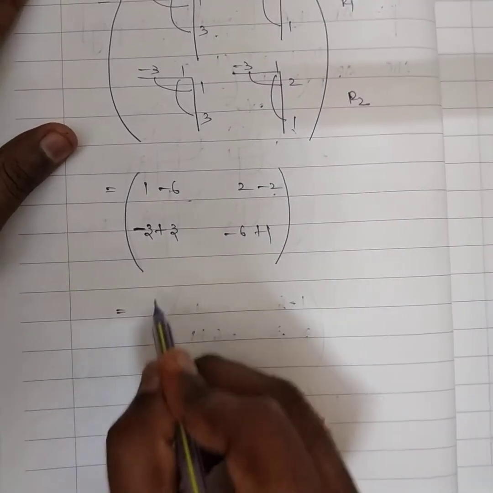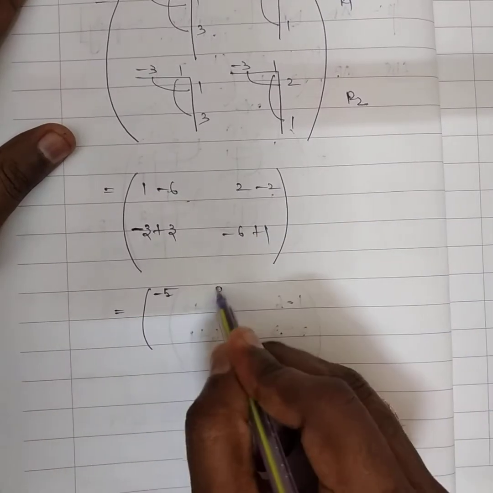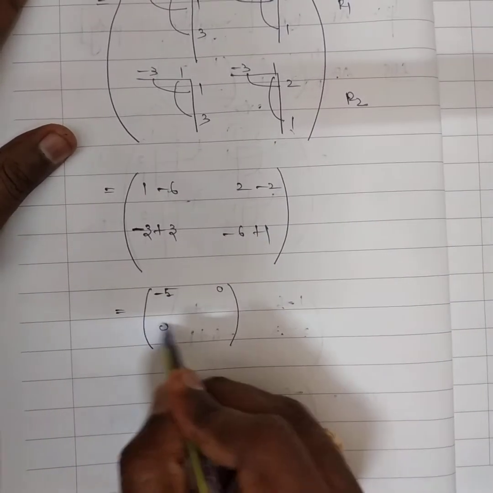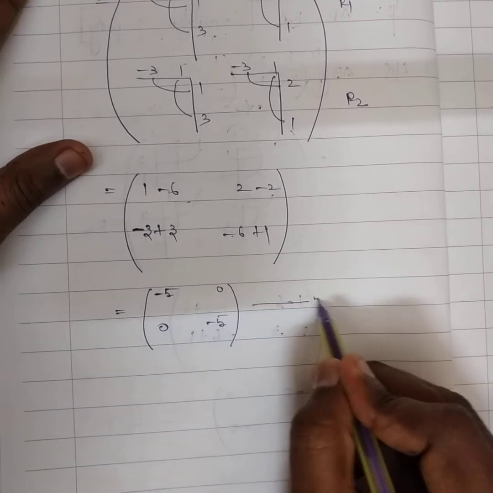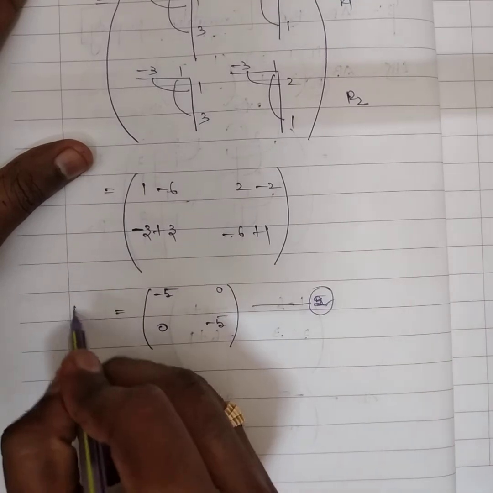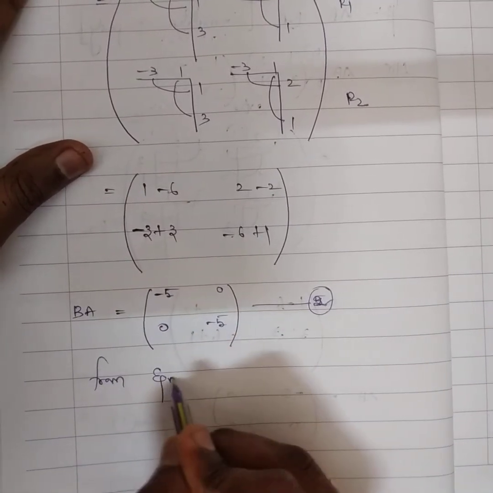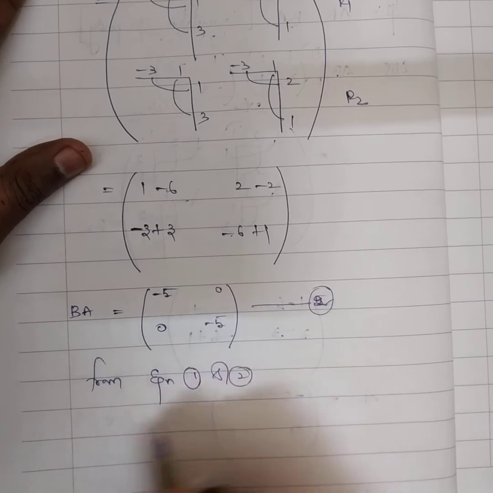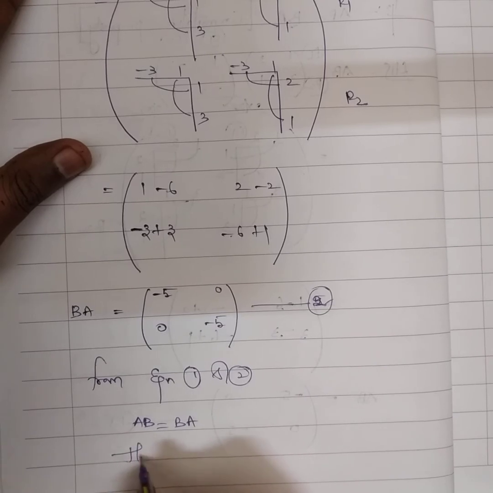So what is the answer coming? 1 minus 6 is -5, -2 plus 2 is 0, -3 plus 3 is 0, -6 plus 1 is -5. This is equation 2. This is BA. From equation 1 and 2, AB is equal to BA. Hence proved.